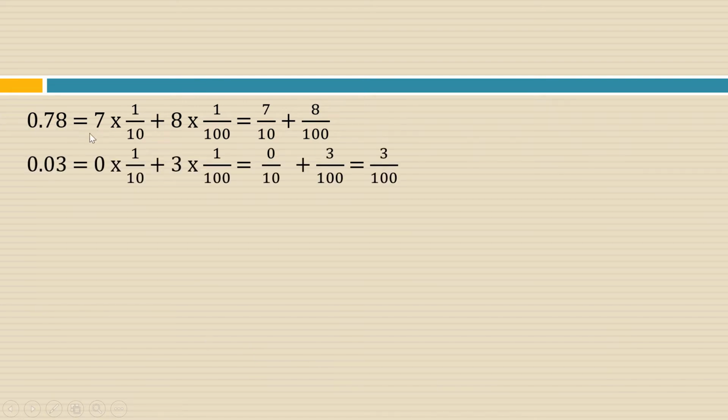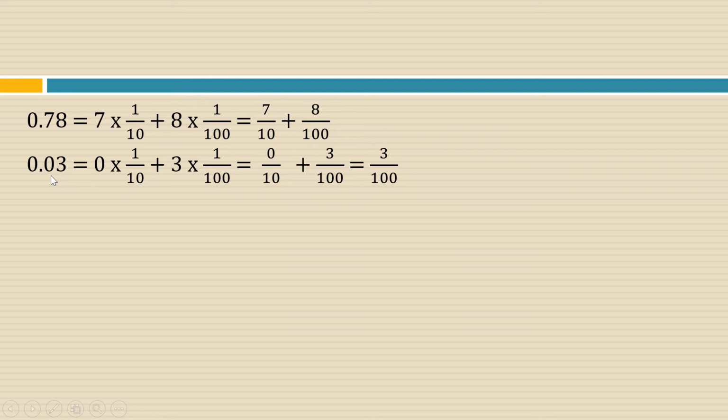0.78. Tenth place is 7, hundredth place is 8. Then 7 by 10 plus 8 by 100. Another number is 0.03.